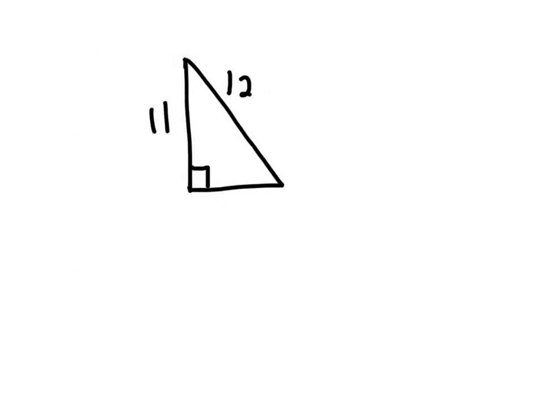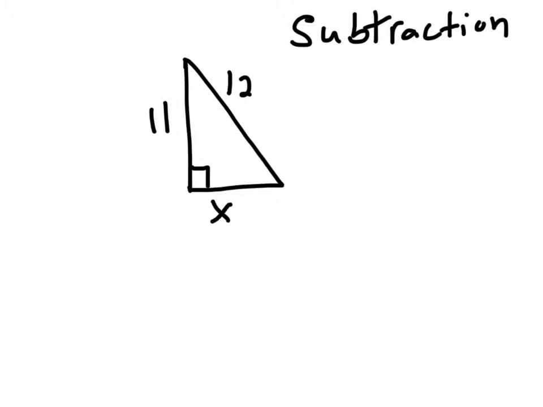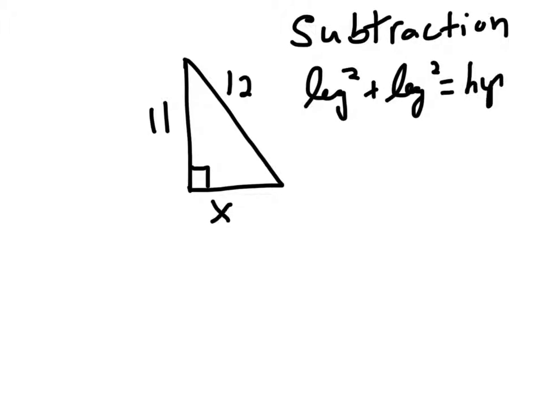Okay, so the other situation that can happen is that when we have a right triangle, we might know the hypotenuse and a leg, but the other leg we won't know. And in this kind of situation, it turns out to be a subtraction problem instead of an addition problem. Remember, the Pythagorean theorem says that leg squared plus leg squared equals the hypotenuse squared.